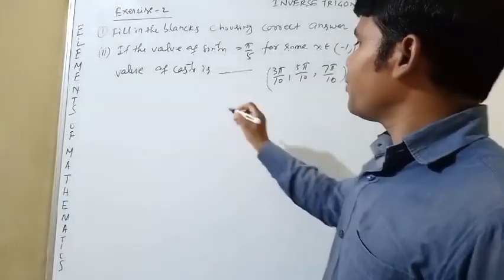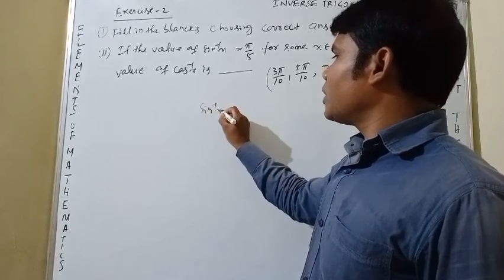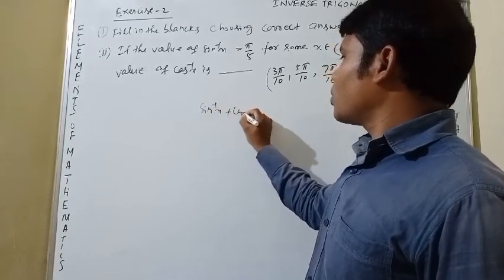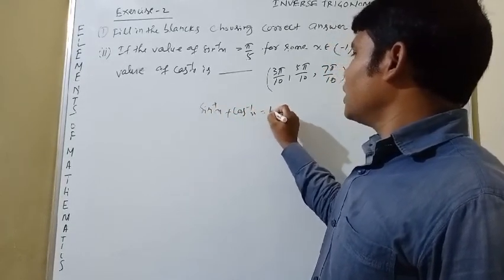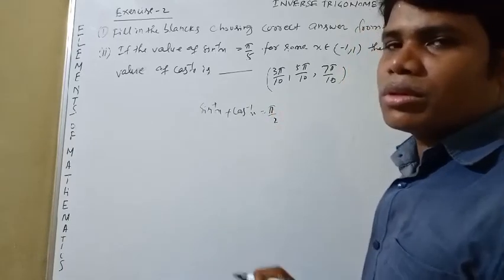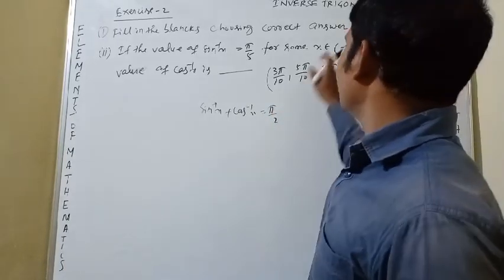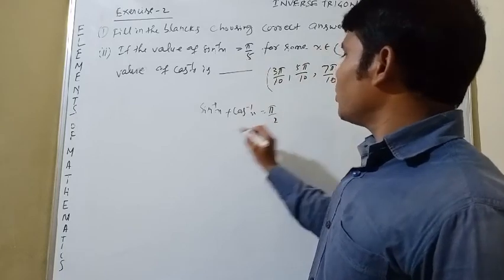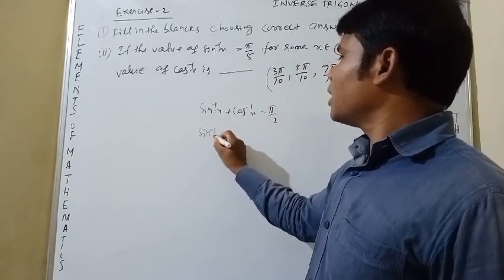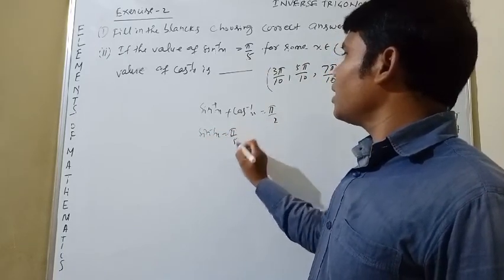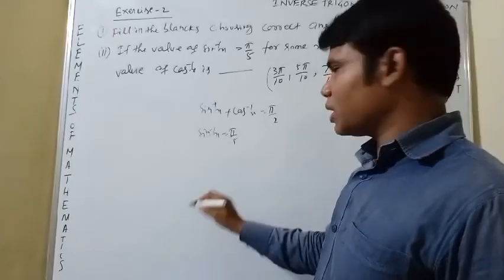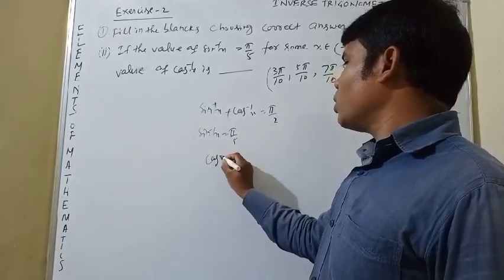You see, sin inverse x plus cos inverse x is equal to pi by 2. This is your known formula. Here sin inverse x is given as pi by 5, and we have to find cos inverse x.